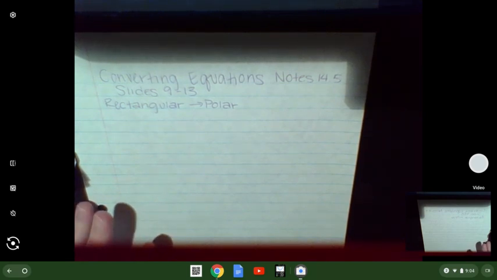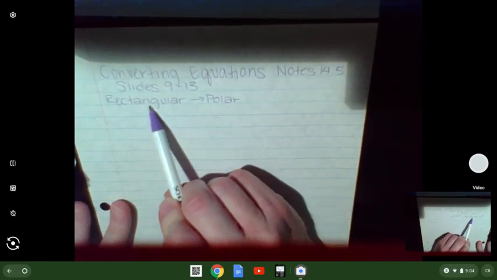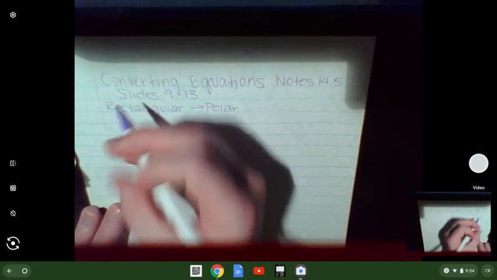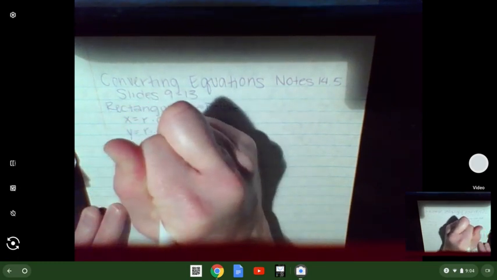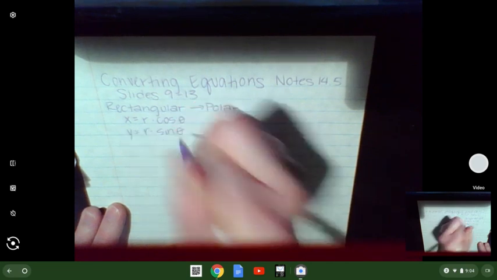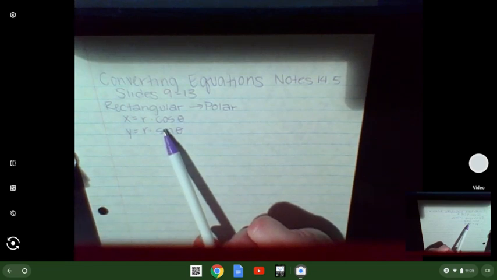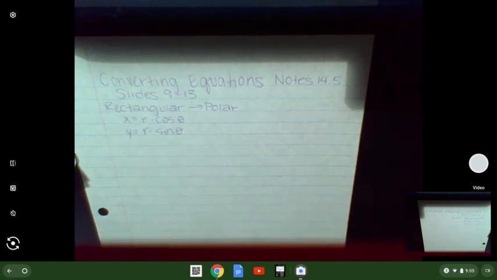If we had polar coordinates and we wanted the rectangular coordinates, the two equations we used were x equals r cosine theta and y equals r sine theta. I think I mentioned this in the last notes. I always remember which one's cosine and which one's sine because cosine always takes after x and sine always takes after y.